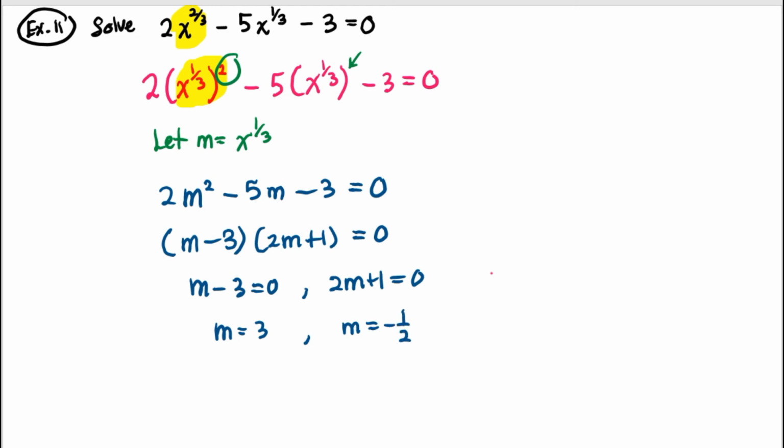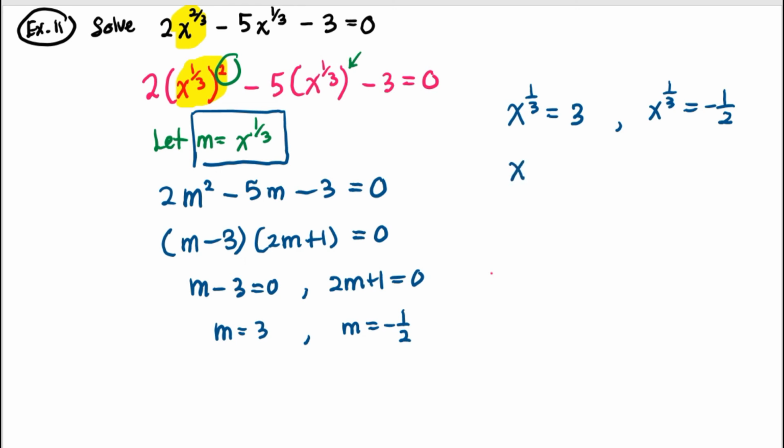Now we know that x to the power of 1 over 3 is actually m, so we rewrite this as x to the power of 1 over 3 equal to 3, and another one, x to the power of 1 over 3 equal to negative 1 over 2. To remove the power of 1 over 3, you have to take the cube.